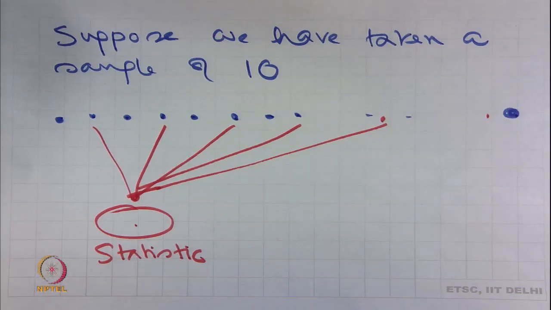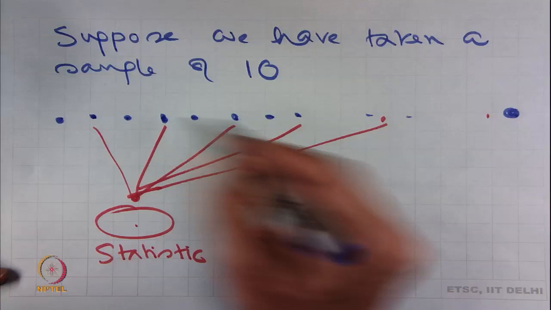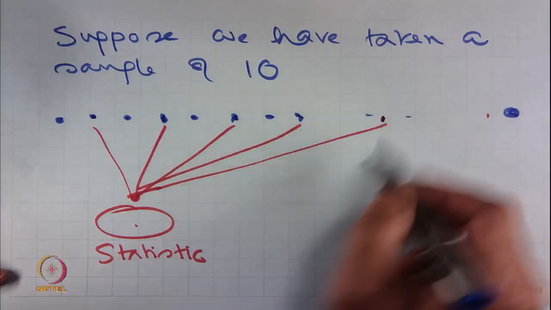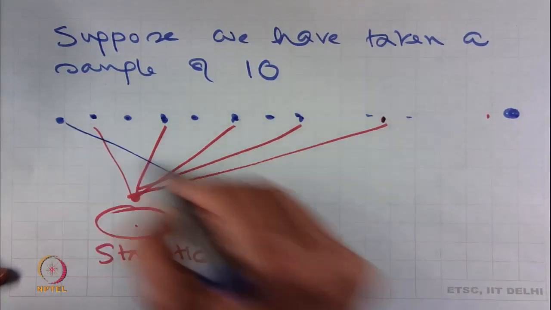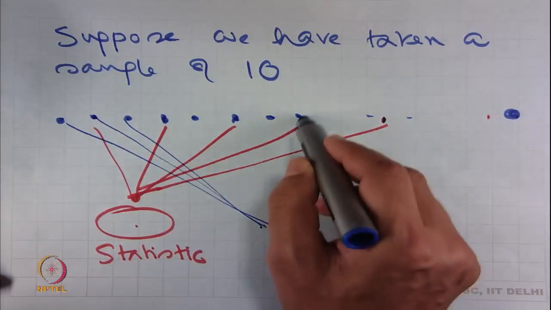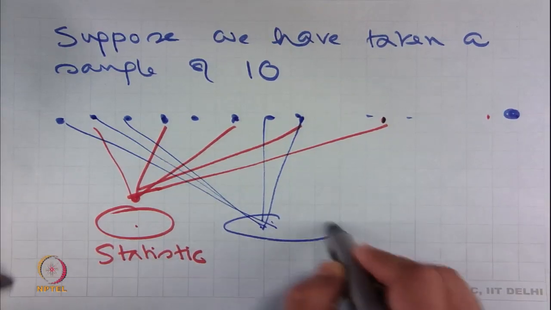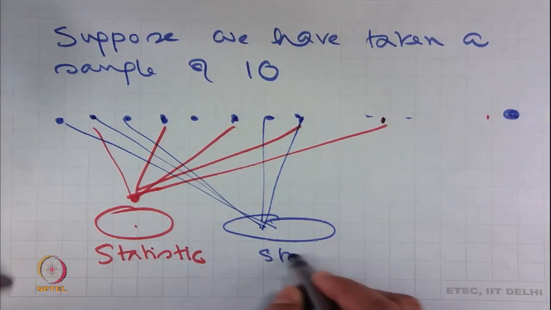Why is this a random variable? Because if I repeat the same experiment, it is not mandatory that I will select the same set of samples. I will maybe select some different samples, and therefore I compute its corresponding statistic.